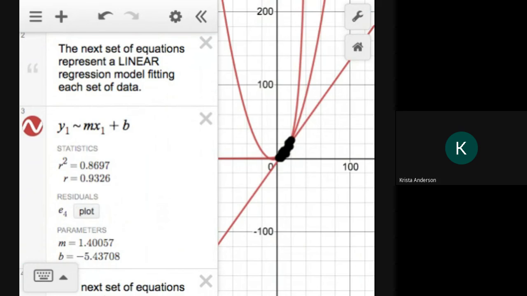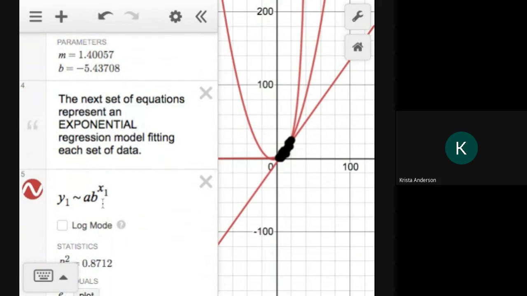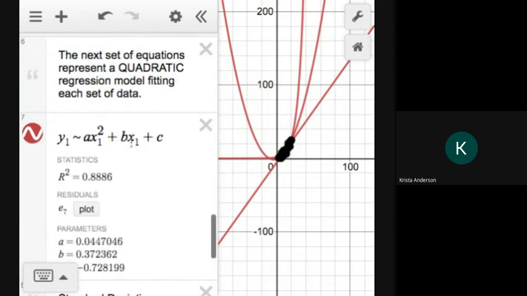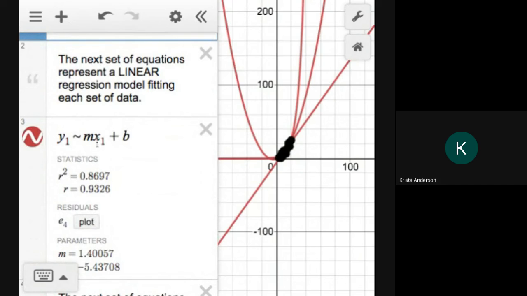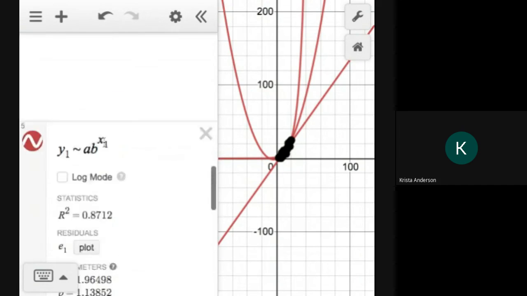Can you see where I copied that from? I'm just copying it from here. I do not need exponential. I don't need any of this stuff. I don't need the standard deviation, right? Everything for your test is in one spot, but you'll only need the linear and the standard deviation for the test.